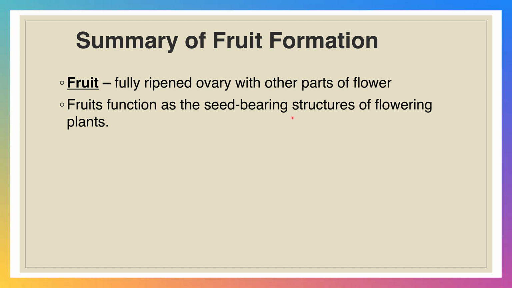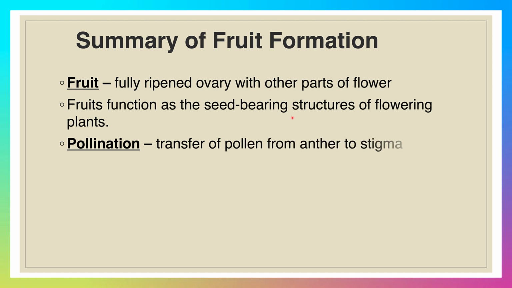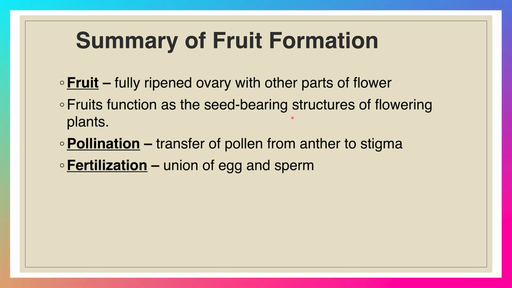The fruit functions as a seed-bearing structure, which is important in seed transportation and spread. Pollination is the transfer of pollen from the anther on the stamen to the stigma on the pistil. Pollination is followed by fertilization, which has the same definition in plants: the union of egg and sperm.